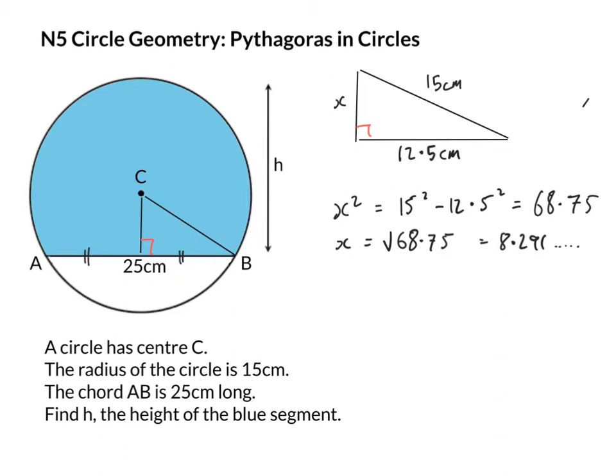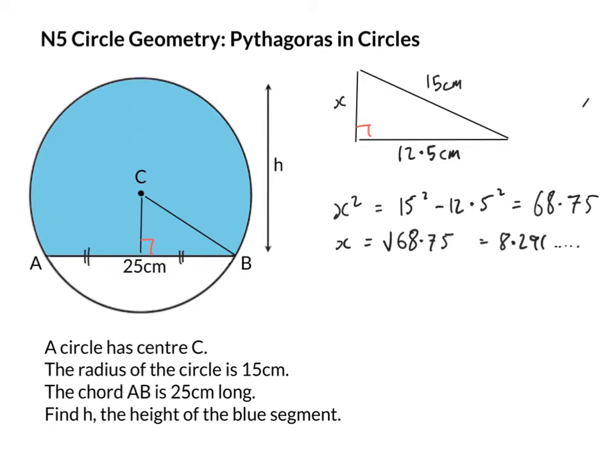Now, I could have been asked to do a couple of things in this question with this diagram. The classic example is giving you a diagram of a water pipe and asking you to find the depth of the water. If you've been asked to find the depth, you could take the radius of 15 and subtract the value we've just found. However, we've been asked to find the height of all of this.